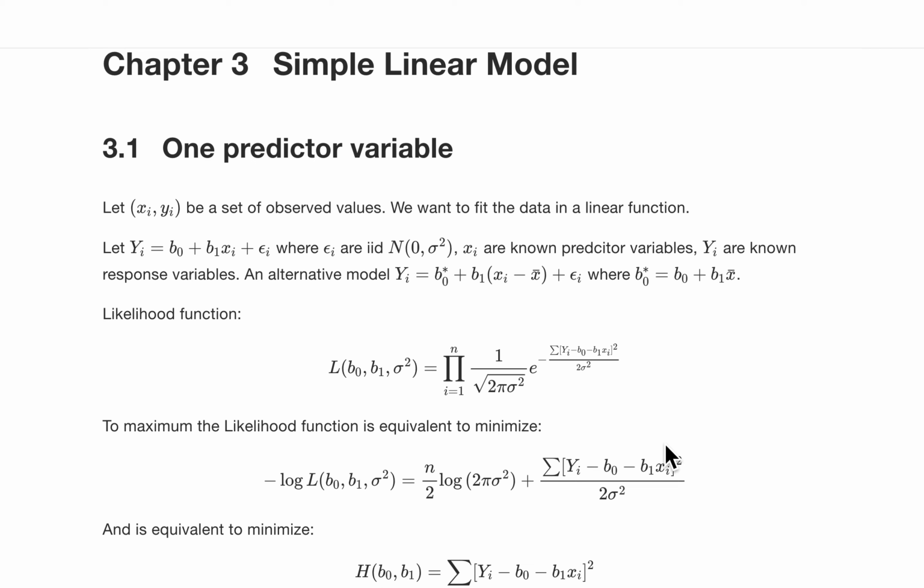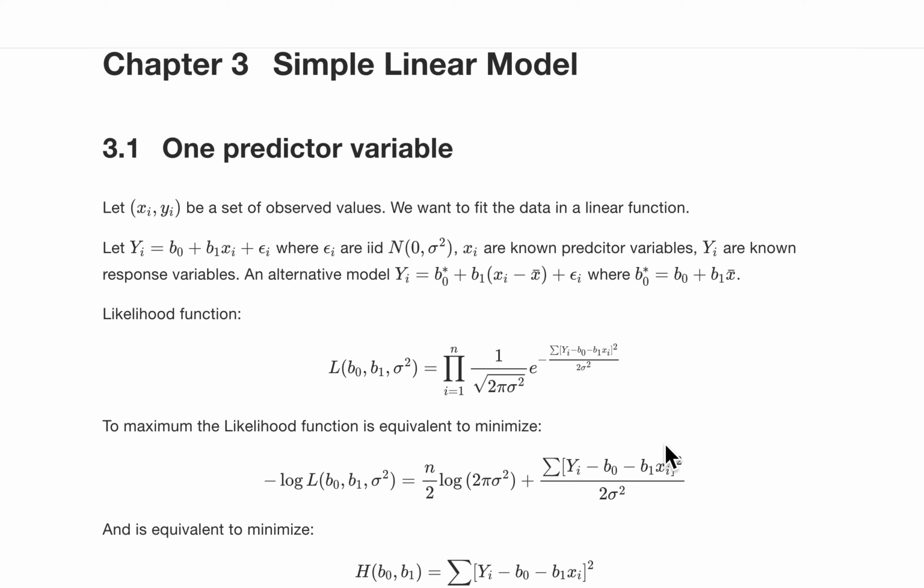Suppose we have a bunch of data, pairs xi and yi from observed values, and we want to fit this data in terms of a linear function. So we define a random variable here. We define the capital Yi as a linear function: a constant shift b0 plus b1 xi plus an error term, epsilon i.